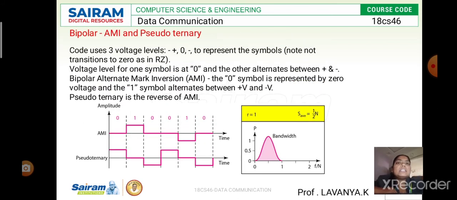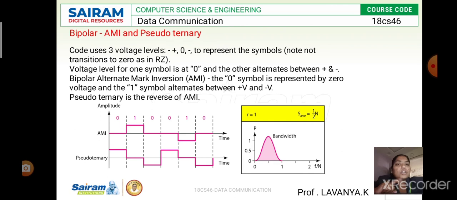And now this is the AMI as well as the pseudo ternary technique. In the AMI technique, again we use positive, negative and zero voltages. AMI is the alternate mark inversion technique, as well as the pseudo ternary technique.